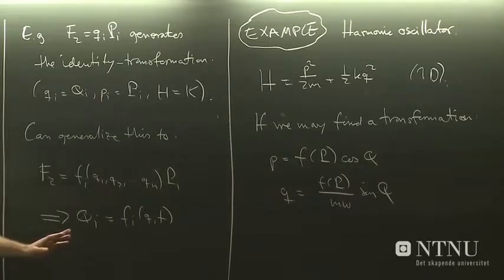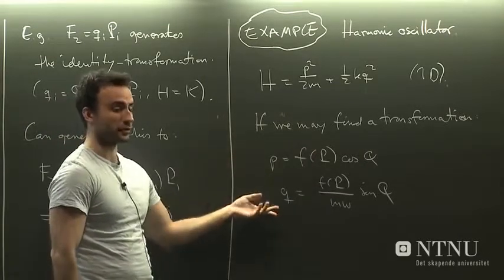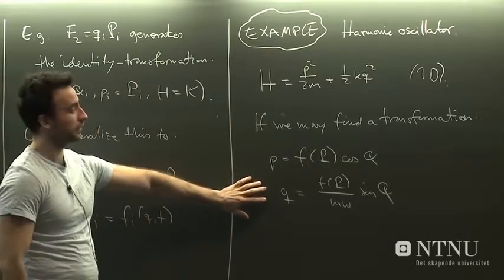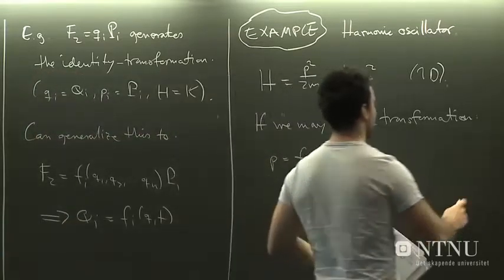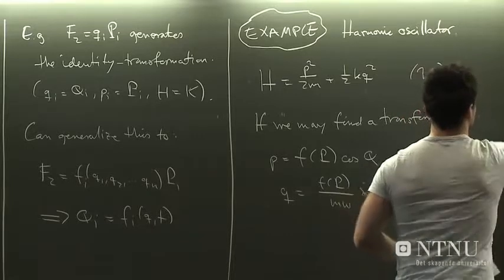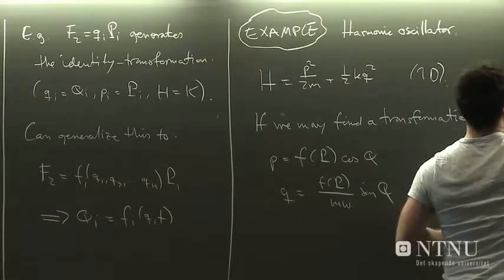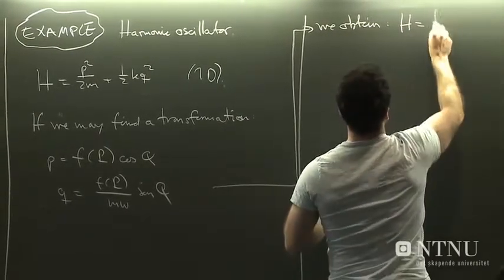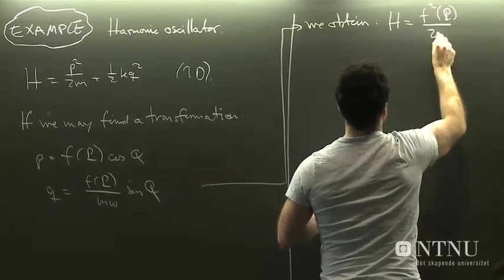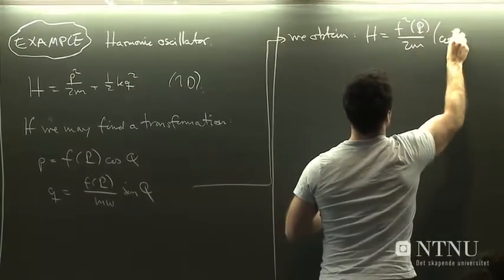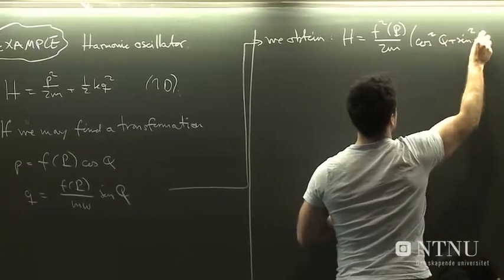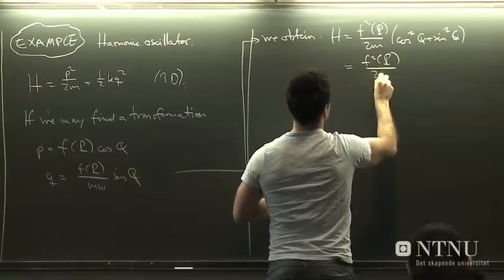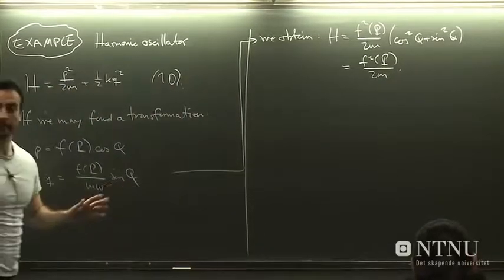If it's possible for us to find a transformation that looks like this, then by direct insertion into the Hamiltonian, we get the following.